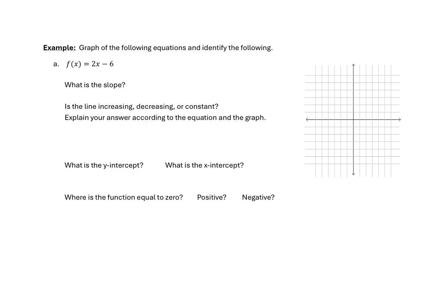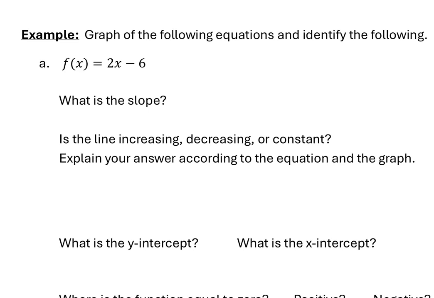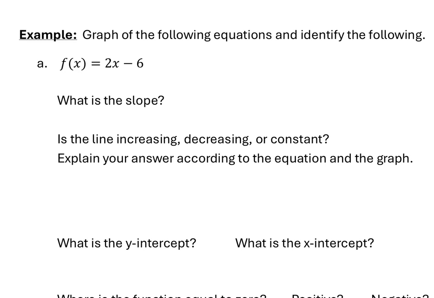This is in slope-intercept form. And so my slope is the 2. Okay, I want to know, is the line increasing, decreasing, or constant? Well, because our slope is positive, it is increasing.